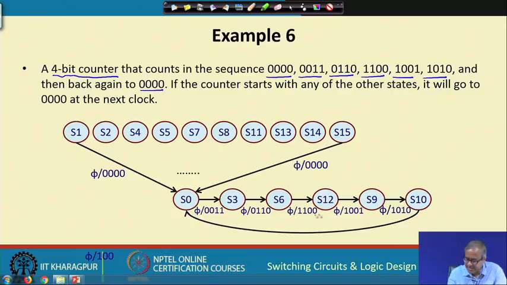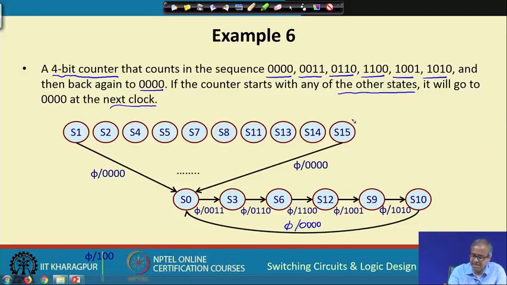The state transition is labeled in the same way as in the previous example. S0 to S3 is labeled 3, 00011, there are no inputs, S3 to S6 labeled 6, 0110 and so on, and S10 back to S0, this of course is missing, it should be phi 0000. It also mentions that if the counter starts, whenever you switch on the power, in any of the other states, at the next clock it should go to 0000.